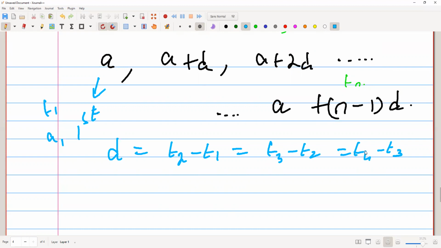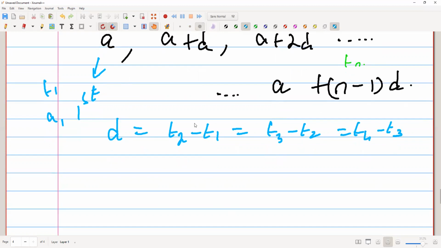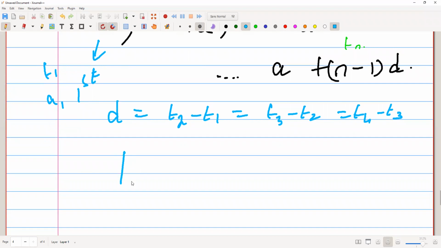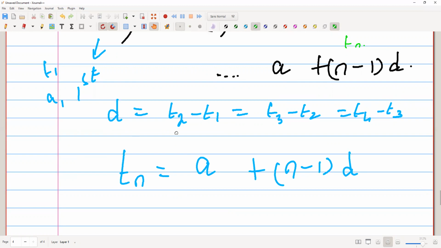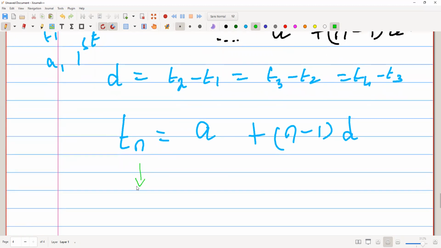If you want to prove it is an AP, definitely you have to check T2 minus T1, then T3 minus T2, then T4 minus T3. If all are the same, then it is an AP, or it's not an AP. Tn equals A plus n minus 1 into D, and this n is the number of terms.